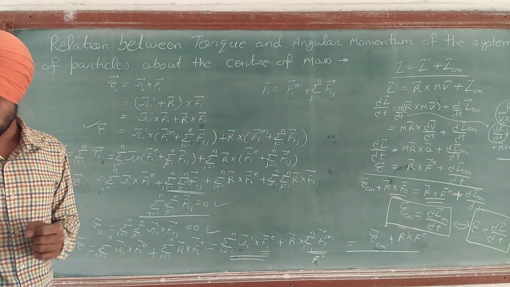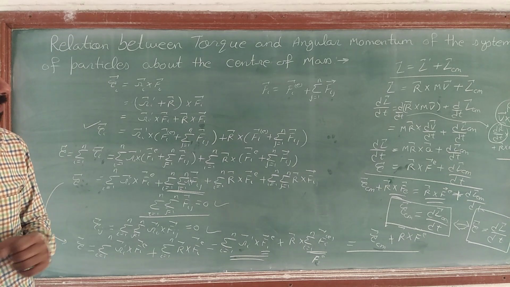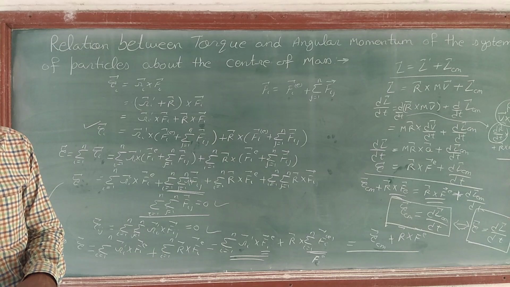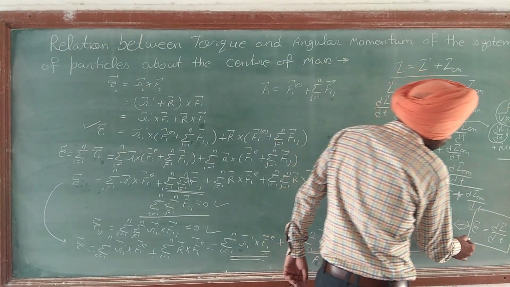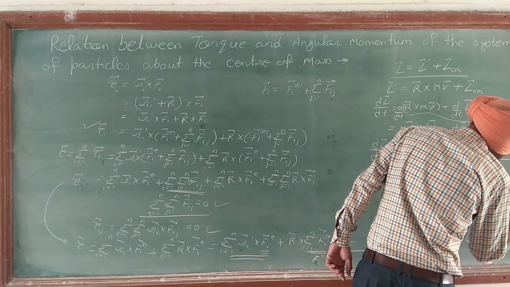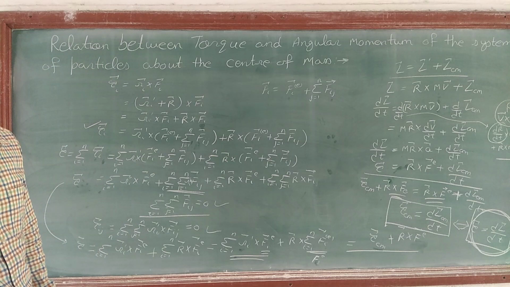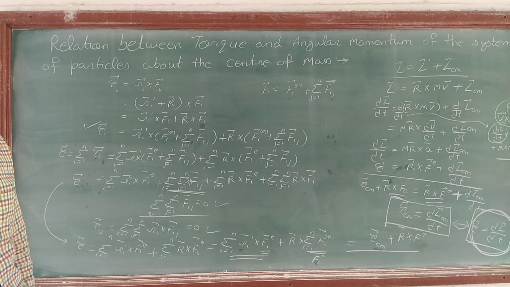Okay, so these two equations are identical, but there is one fundamental difference between them. The equation tau equal to dL upon dt holds good only if both the angular momentum and torque are evaluated with respect to a fixed origin of an inertial frame.